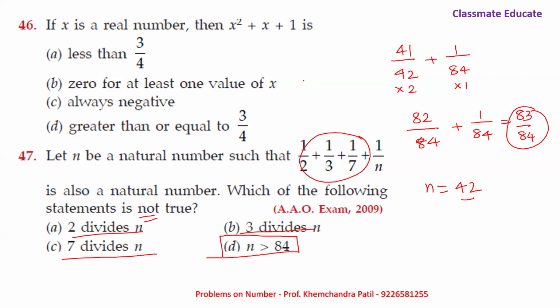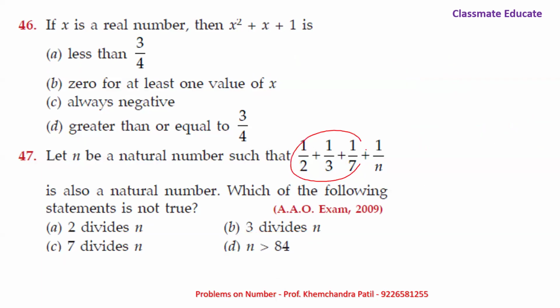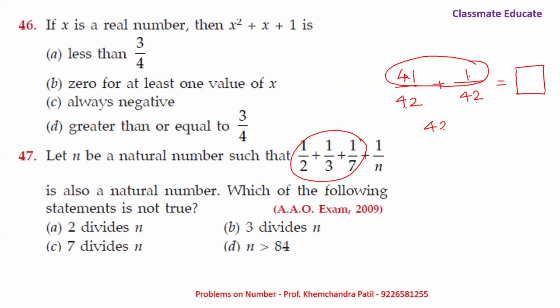अगर मुझे देखो, फिर से मैं बता रहा हूं, यहां तक का मेरा एडिशन कितना हुआ है? 41/42. नाउ इफ आई वांट टू मेक दिस एज अ नेचुरल नंबर, ये मुझे नेचुरल नंबर बनाना है, तो ये मुझे 42 ही चाहिए. सो दैट माय डिनोमिनेटर्स आर सेम, आई विल ऐड द न्यूमरेटर ओनली. 41 plus 1, that will be 42/42. What is the value of this?